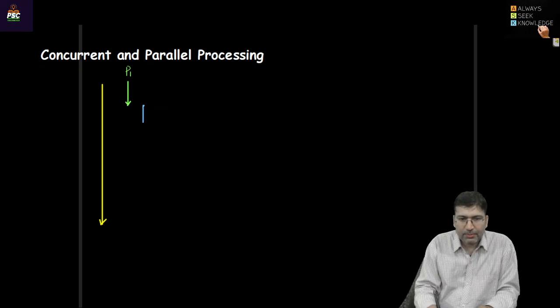So let's say P2 executes in this duration, and then P1 again starts executing. When P1 is executing, P2 cannot execute because I'm assuming there is only a single CPU. And if I want to execute P2, then I need to preempt the execution of P1, right?